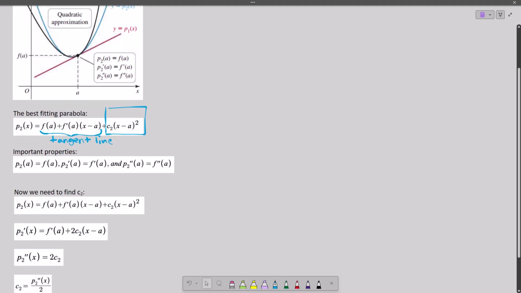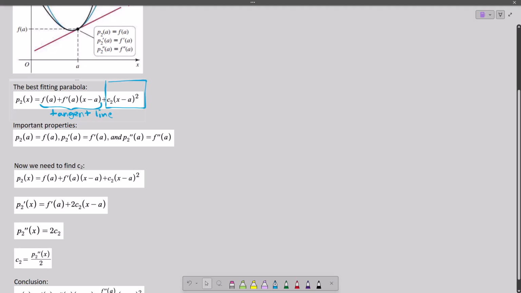When we build this quadratic approximation, we want the value to match, we want the slope to match, and we want the concavity to match. So we want the 0th derivative, the value, the first derivative, the slope, the second derivative, the concavity, all to match.